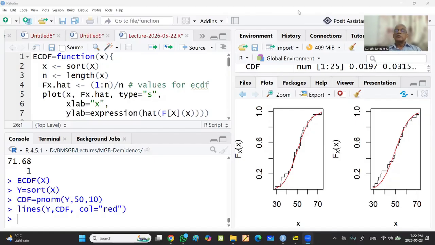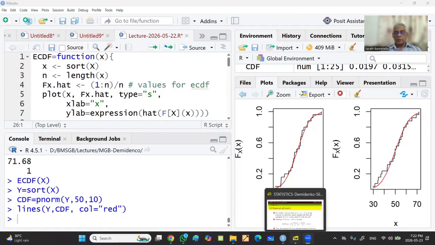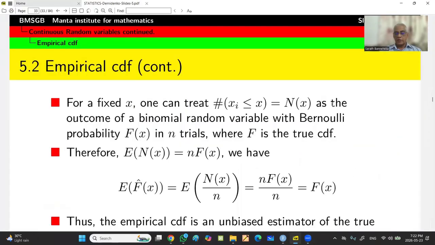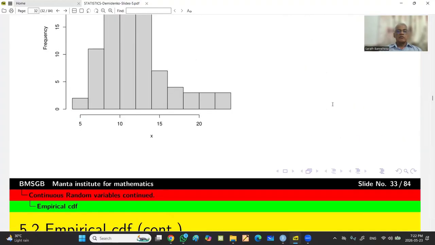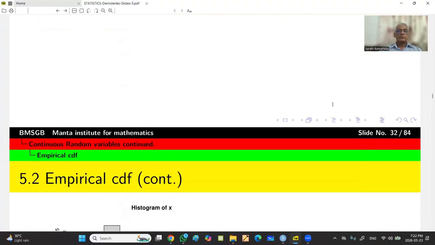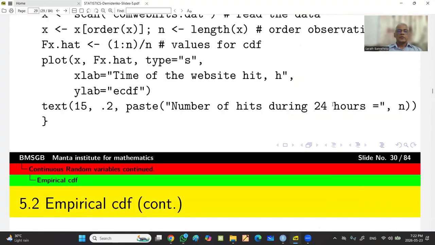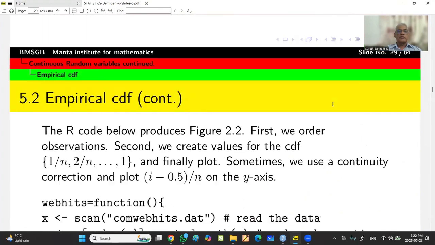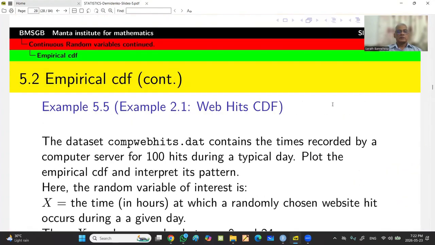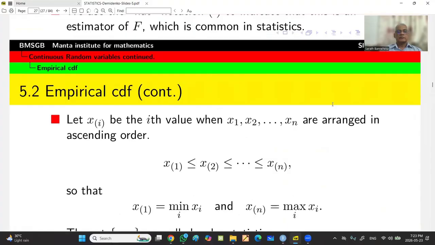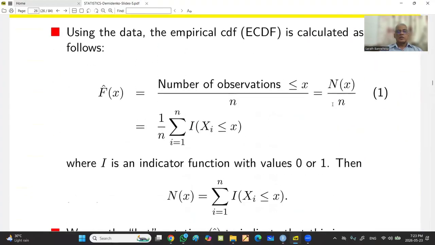So as I mentioned, the empirical cumulative distribution function defined by the equation 1 here is actually the estimator, right? I have defined it like this.